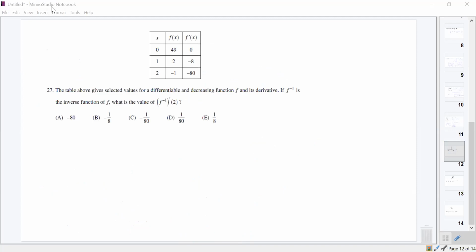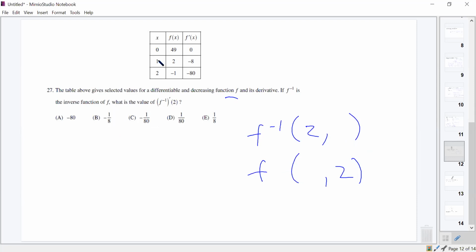All right. We got a table with values of f and f prime. And we know that f is always decreasing. We have f inverse is the inverse function of f. We want to find what is the value of f inverse prime of 2. So that tells us that f inverse has a 2 comma something. We need then to find f, which has something comma 2.